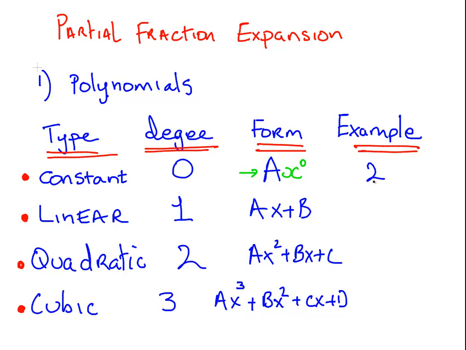So that's straightforward enough. A linear is a polynomial of degree 1, ax plus b, and again we have a x to the power of 1 plus b, hence the polynomial of degree 1. The highest power of x there is 1. You could actually say we have b times x to the power of 0 as well, if you wanted to look at it that way.